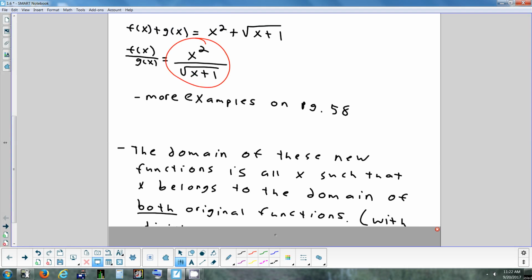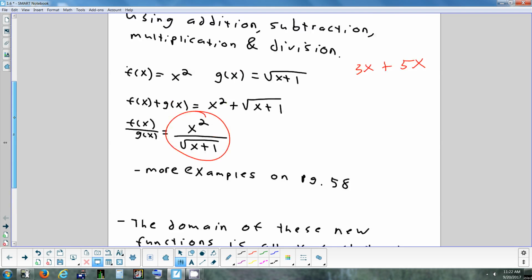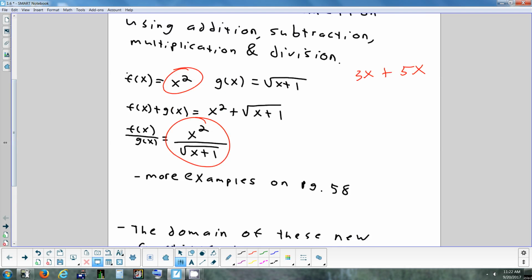Now, with square roots, when we take a square root, we have to make sure that it's at least what number or higher? You can take the square root of a number smaller than 1. You could do like a half. So what's the smallest number we can take the square root of? 0. So the domain here is all real numbers.